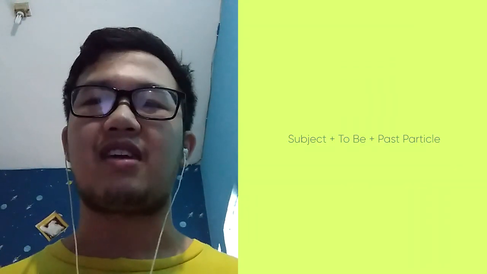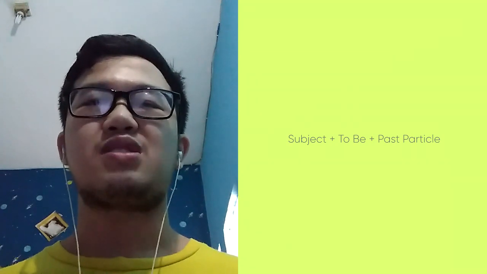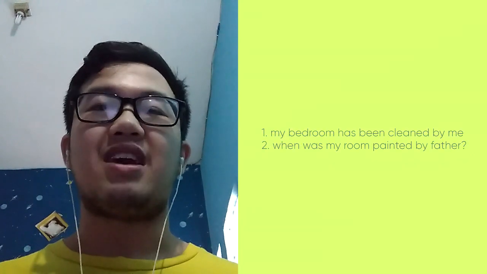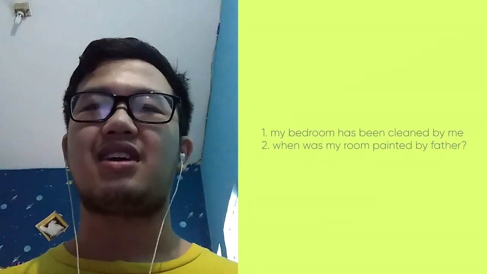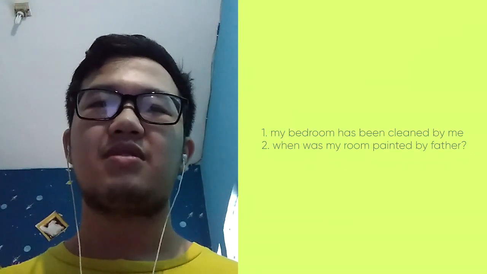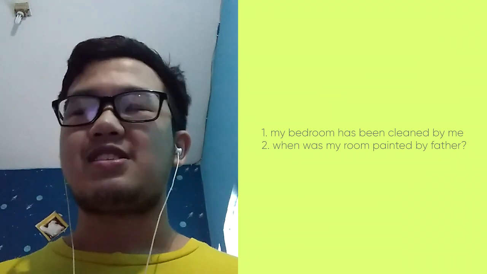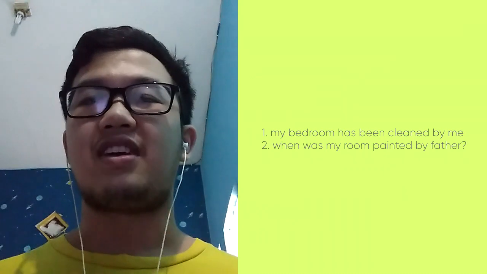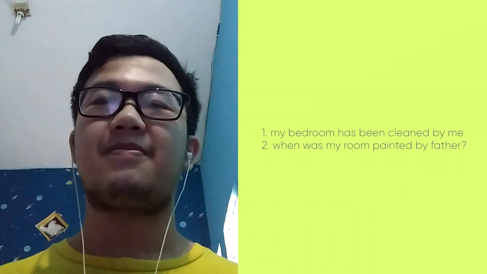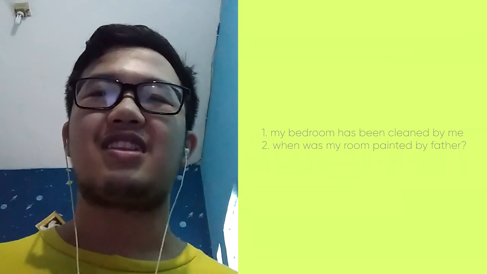You can make subject plus to be plus past participle. I have two examples: my bedroom has been cleaned by me, and the second, when was my room painted by father? Maybe something like that for the example of passive voice.